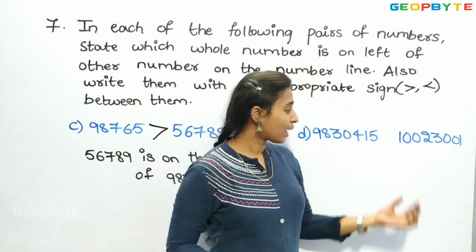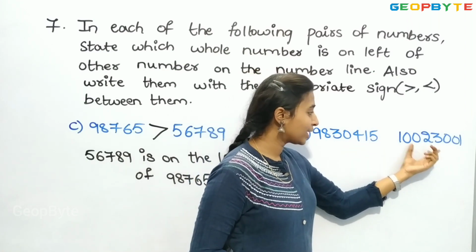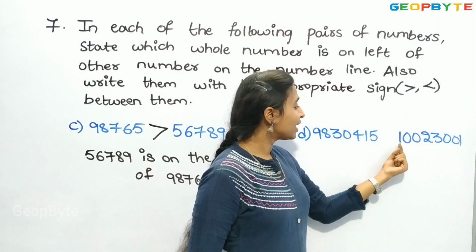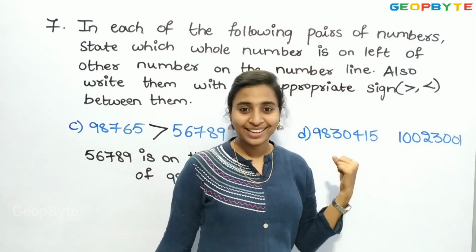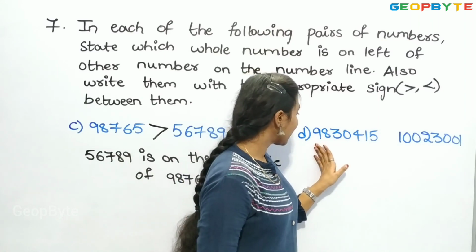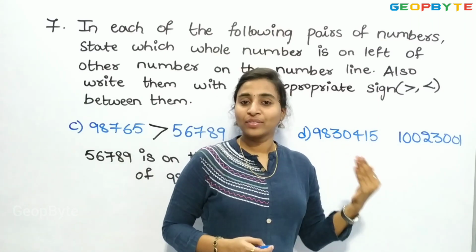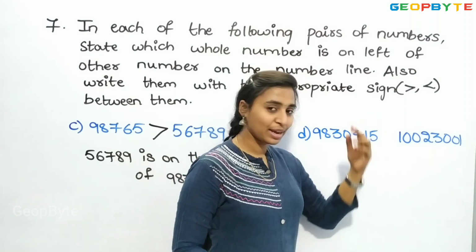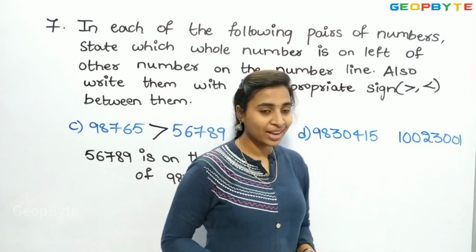See, by comparing the place values itself, we can say that this number is big, right? It is up to 1 crore, but here it is up to only 10 lakh. So, 98 lakh 30,415 will be on the left side of this number, right? As this is 1 crore 23,001.